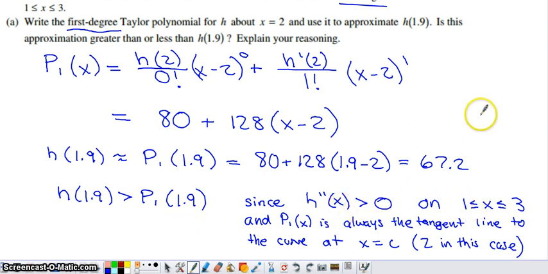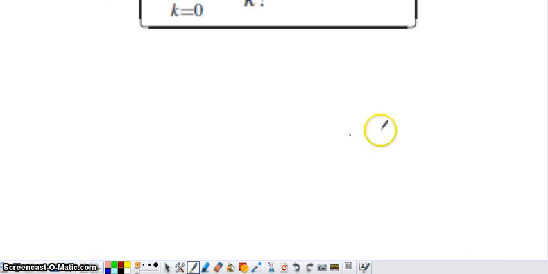And what that means is if you have a function that's increasing and concave up and you have a tangent line to the graph, the tangent line and the graph are going to intersect at the point of tangency, but the graph is going to be above the tangent line everywhere else on that interval. So the value of the function is going to be bigger than the value on the line at 1.9, and that has to do with the concavity of h, which we can deduce from the table there.